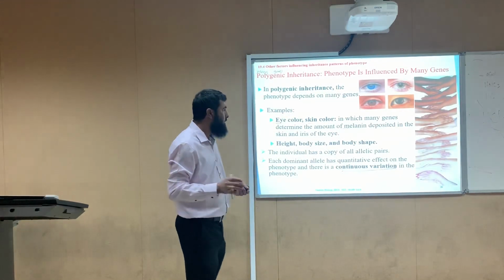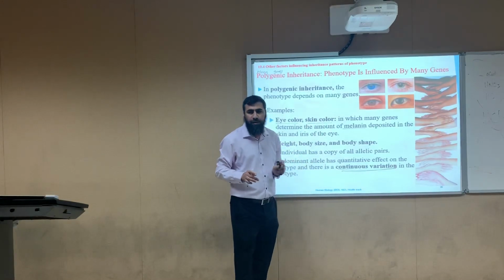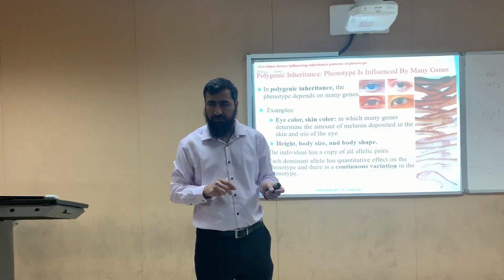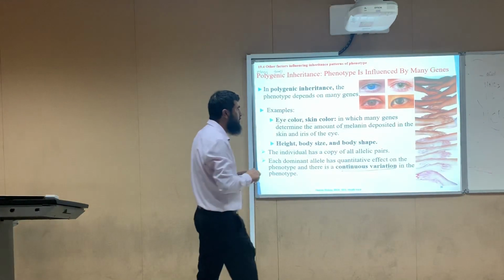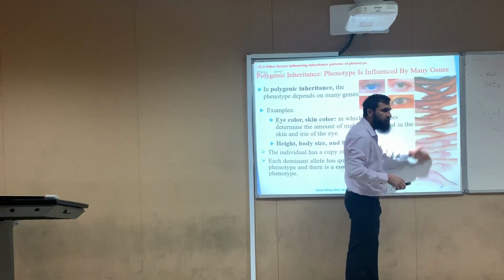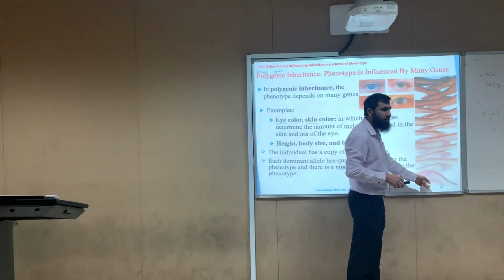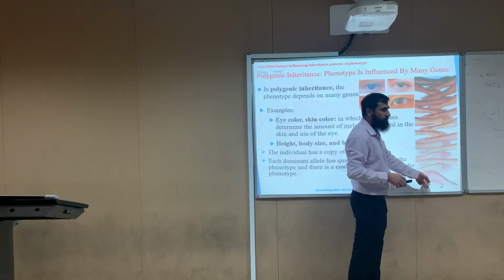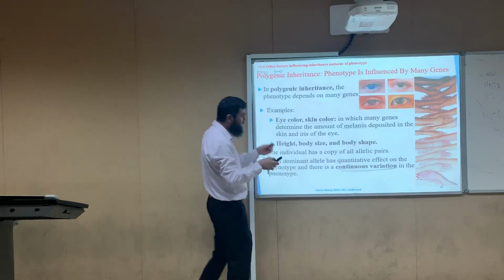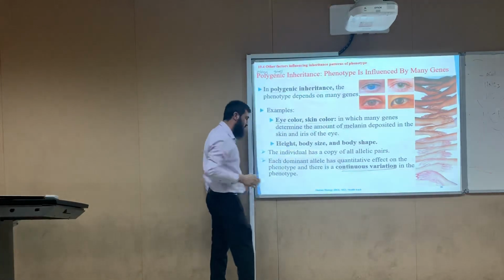Here we're talking about the levels of melanin rather than its absence or presence. Many genes control the levels of it, and depending on how much is deposited, you get a variation from extreme dark color to light, pale skin, depending on how much melanin is in the skin. This is controlled by polygenic inheritance. Many genes are involved.